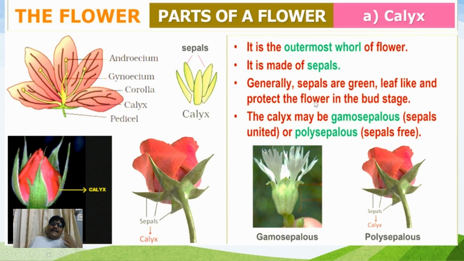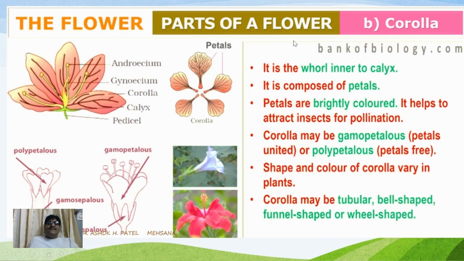Generally, sepals are green, leaf-like, and protect the flower in the bud stage. The calyx may be gamosepalous, meaning the sepals are united, and polysepalous, meaning the sepals are totally free. Here is the polysepalous, and here the gamosepalous condition, as well as the condition in the corolla.